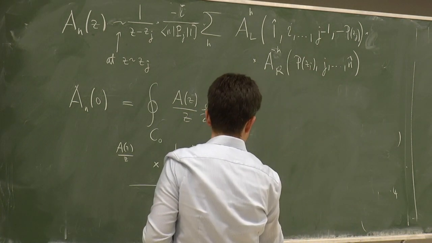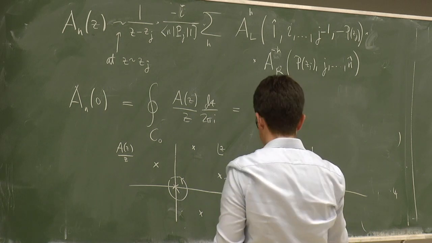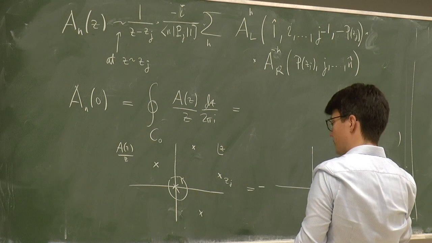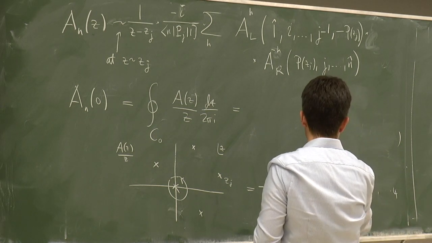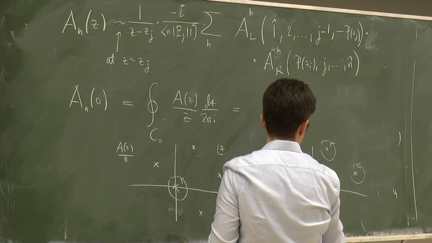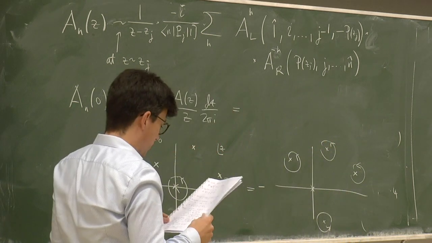Actually, let's just do the picture because it's easier. This picture is then equivalent to minus taking all the residues at these poles, just as a sum at the poles in the complex plane.